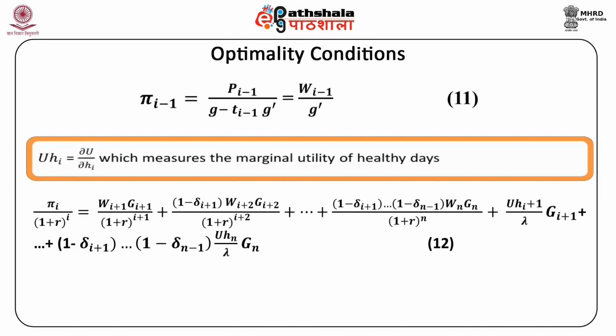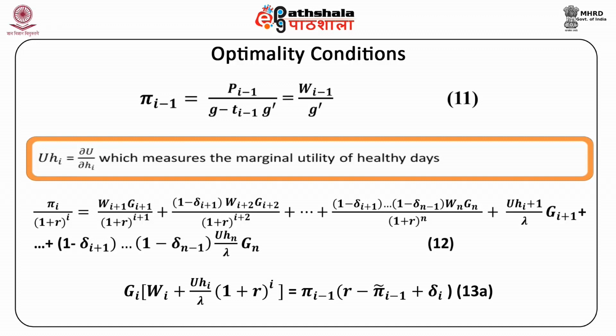Equation 12. From 10 and 12, Gi in bracket Wi plus UHi upon lambda, (1 plus r) raised to the power i, is equal to pi i minus 1 in bracket r minus pi i minus 1 delta plus delta i, equation 13a.